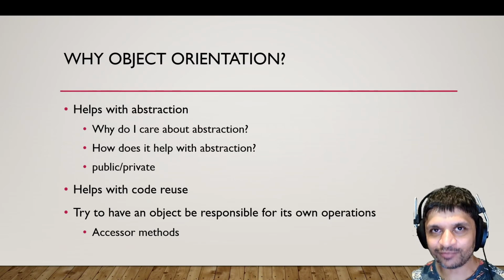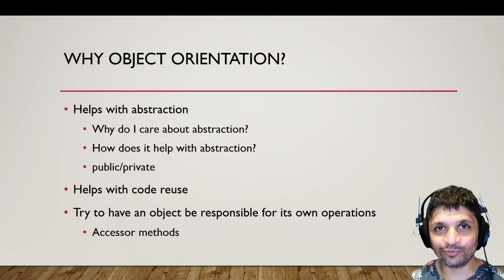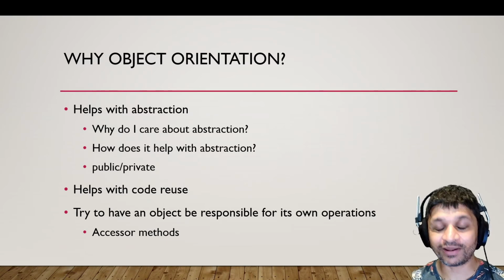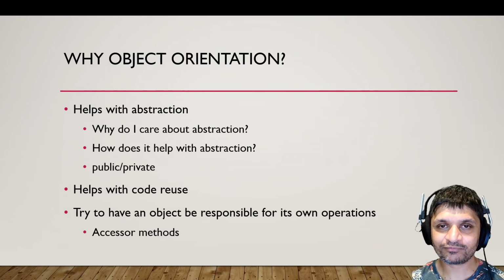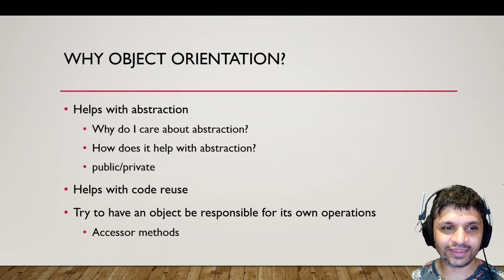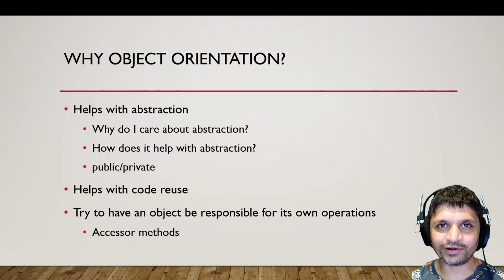So we care about abstraction because we have to. Our brains are not designed to keep millions of pieces of detail in our heads, right? So we want abstraction to allow us to forget about stuff. But how does object orientation help with abstraction? Well, when things are encapsulated into objects, then they become not our problem anymore.